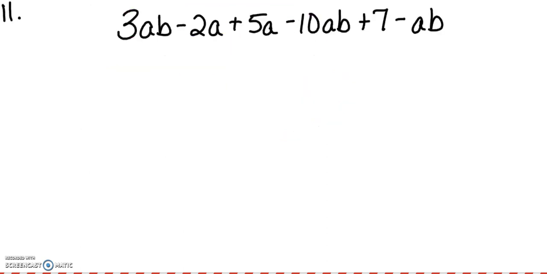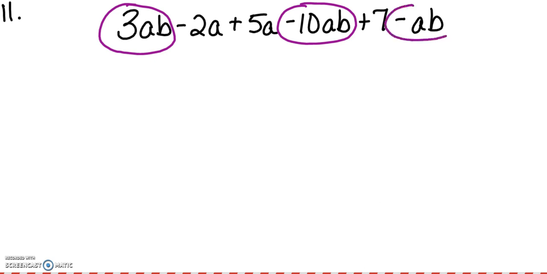Okay, number 11. So we have different letters. Whatever's together has to be together to be a like term. So in other words, when I look at the first term that says 3ab, the only other ones like it, there's two like it, are the negative 10ab.